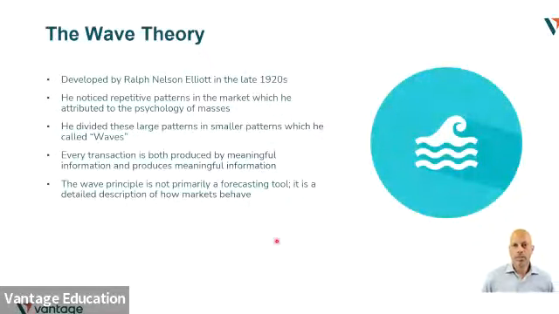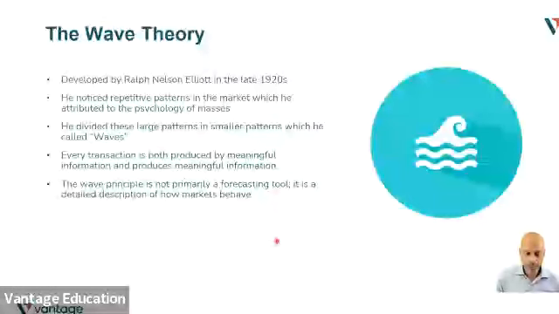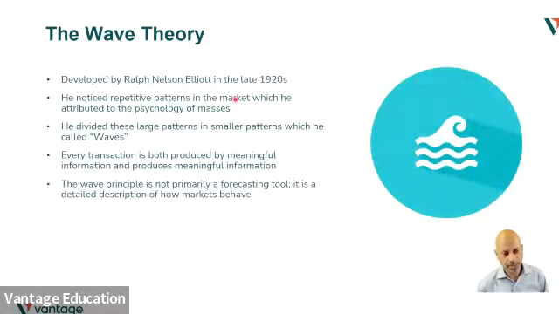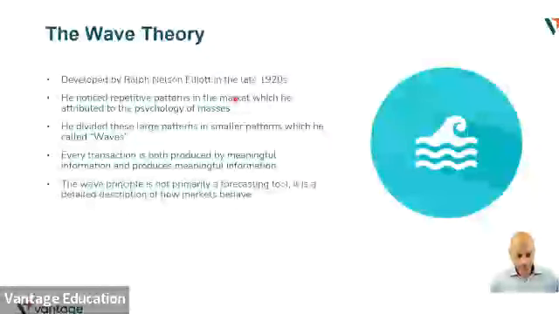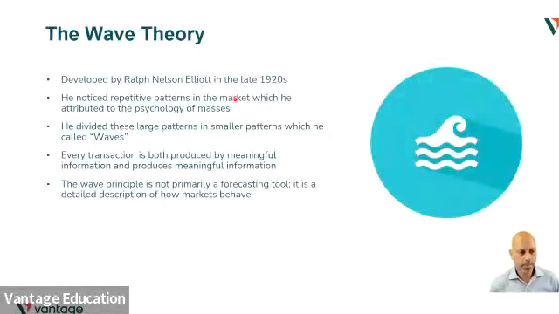Okay, so basically just a bit of background on what is Elliott wave theory. It was developed by this person called Ralph Nelson Elliott back in the late 1920s. He noticed repetitive patterns in markets, which he attributed to the psychology of masses. Now, this could be for any market. It could be for the stock market, currency markets, commodity markets.